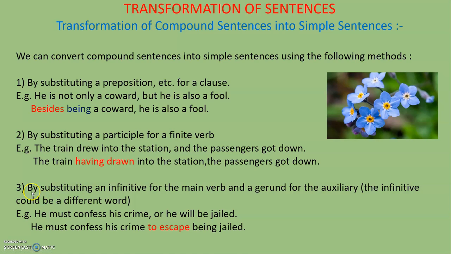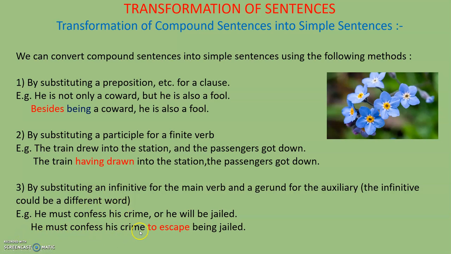Then we can change a compound sentence into simple by substituting an infinitive for the main verb and a gerund for the auxiliary. The infinitive could be a different word. Now, what are infinitives? Infinitive is what? To and verb, isn't it? We put to and the verb. So here in this sentence, he must confess his crime or he will be jailed. Okay, this is a compound sentence. So to change it into simple, how will you put it?